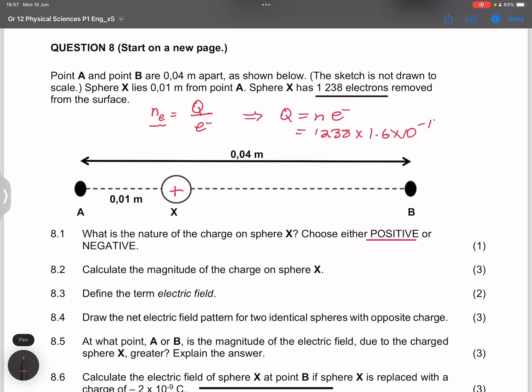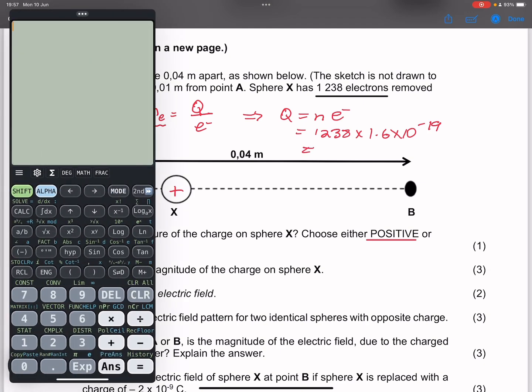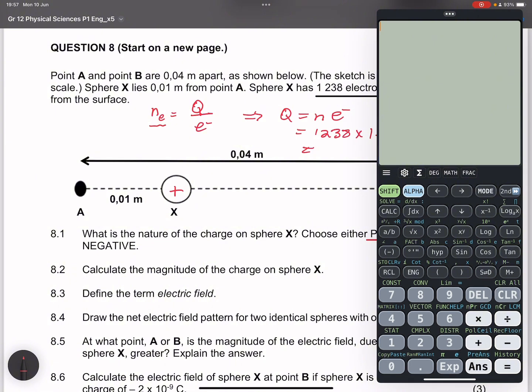So the charge of sphere X is 1238 multiplied by 1.6 times 10 to the power of negative 19. We get a charge of 1.98 times 10 to the minus 16.